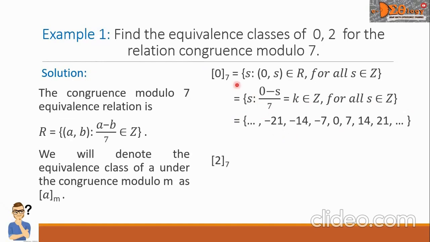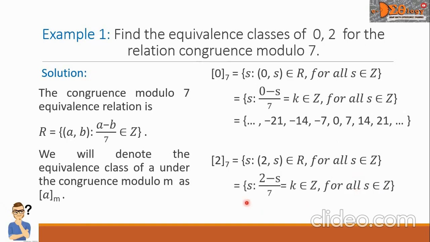Let's go now to the equivalence class of 2 for the relation congruence modulo 7. As defined, the elements are s such that the ordered pair (2, s) is an element of R, for all s an element of Z. This is also defined like this: the elements are s such that (2 minus s) divided by 7 is equal to k.